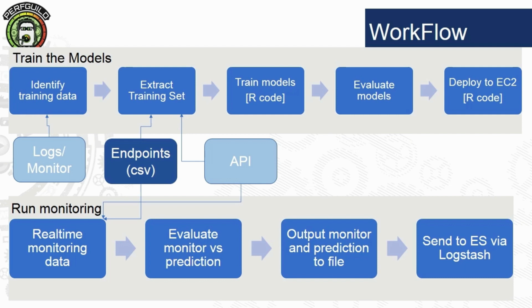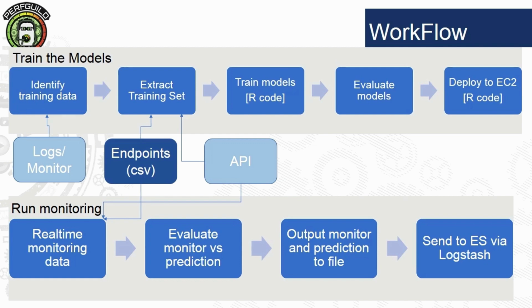And then you can start to see one of the benefits or the power of machine learning, as I can do this automated analysis for any number of endpoints. So once I've built those models, I'm going to deploy them maybe to AWS, to an EC2 instance, and so on. And then I'm going to start running the monitoring. So what does that look like?